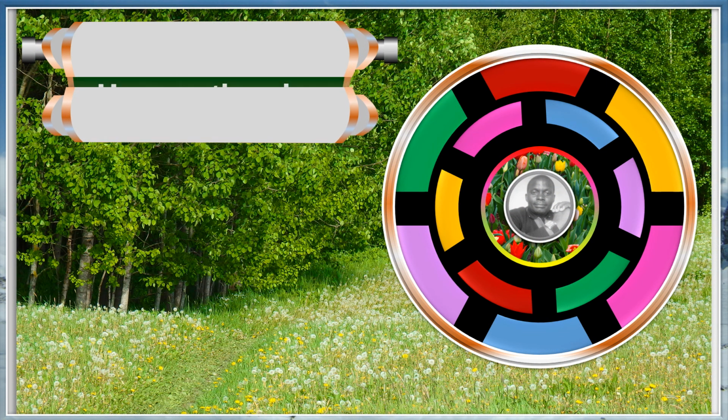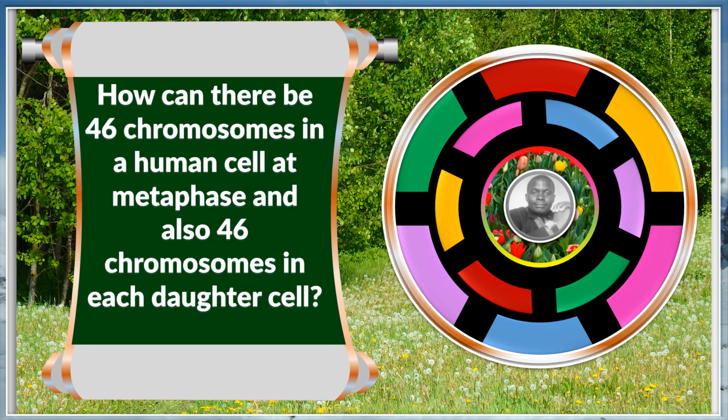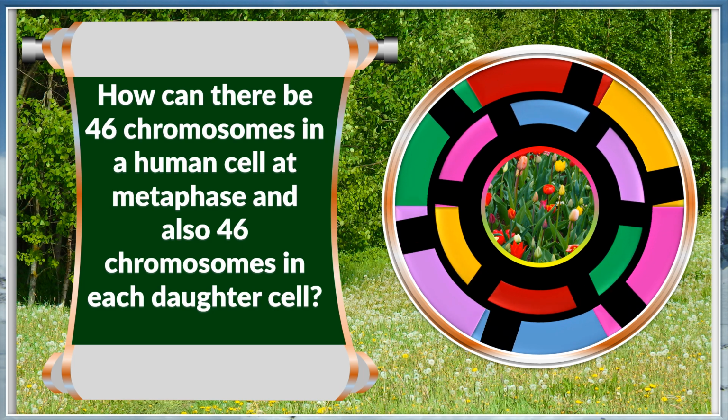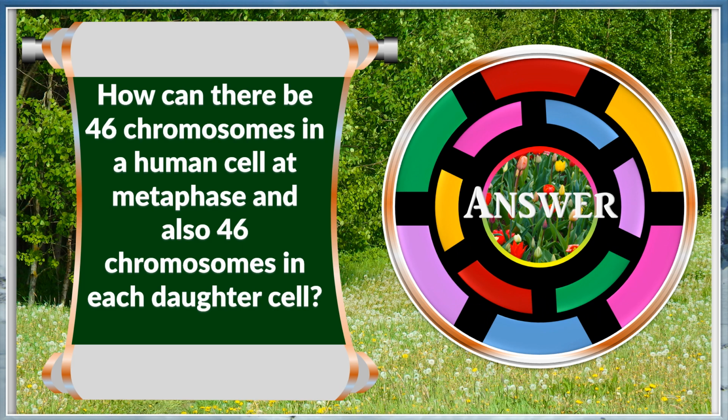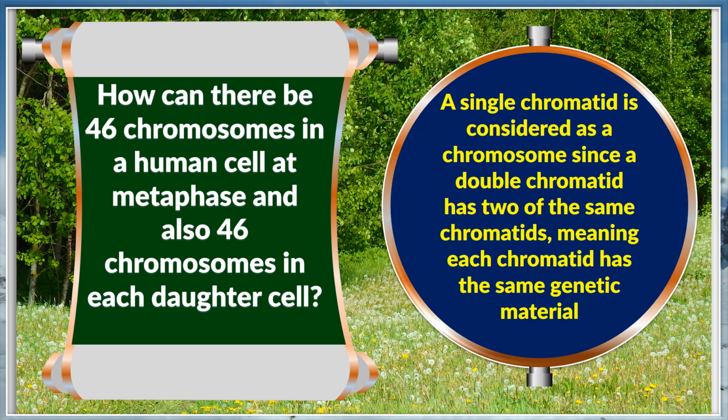How can there be 46 chromosomes in a human cell at metaphase and also 46 chromosomes in each daughter cell? A single chromatid is considered as a chromosome since a double chromatid has two of the same chromatids, meaning each chromatid has the same genetic material.